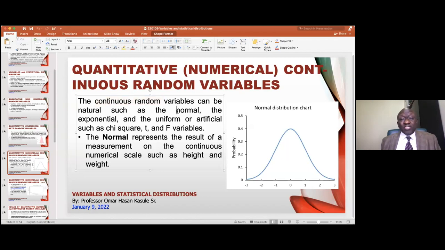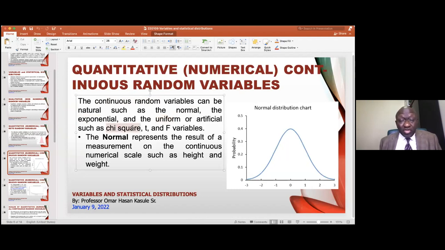Now, you are not expected at this stage to know the details of this, but you need to know the words. When you see it, don't run to the dictionary. You just know, Prof. Omar told us that's a type of distribution. It can be normal, it can be exponential, can be uniform, or can be artificial.